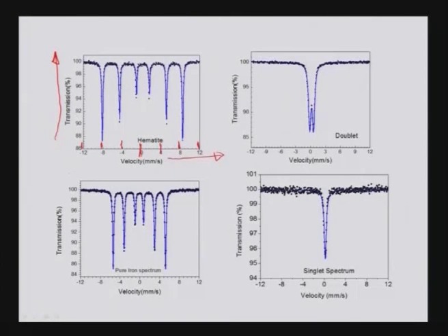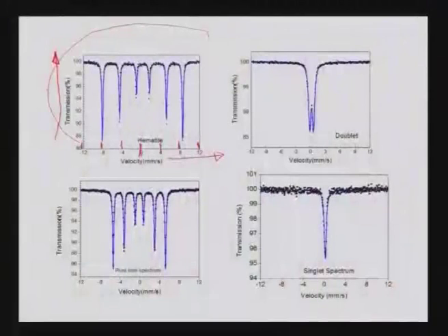So, it is a velocity scale, the Doppler velocity of the source, and as this velocity changes, the absorption increases and decreases, and you get this Mossbauer spectrum. It is a 6-line Mossbauer spectrum, and it comes from ferromagnetic coupling, where this iron-57 sees a large internal magnetic field, and the nuclear energy levels are split.